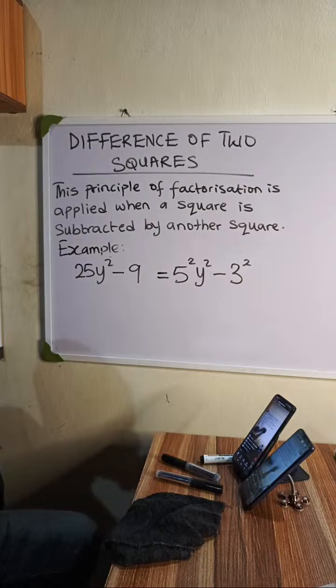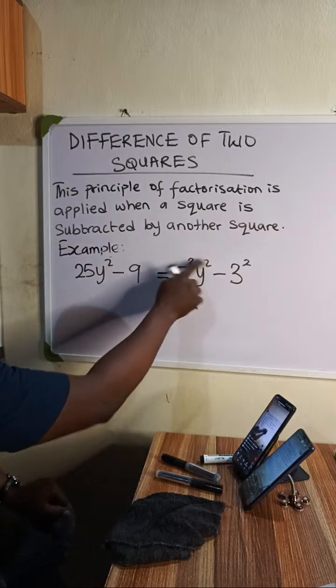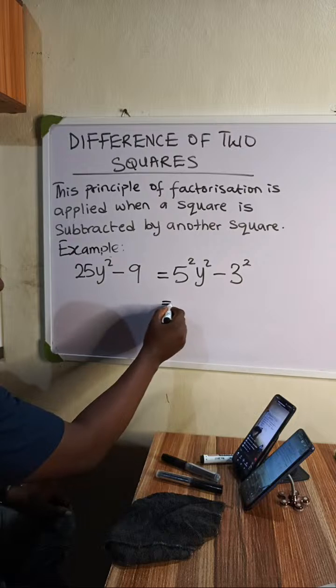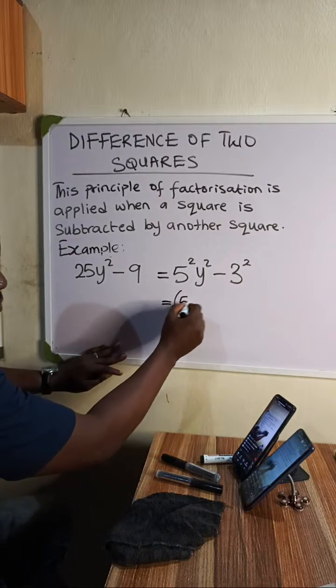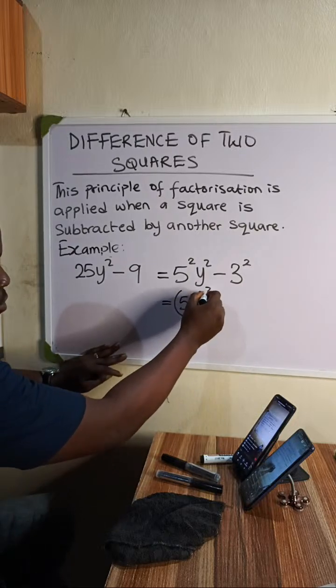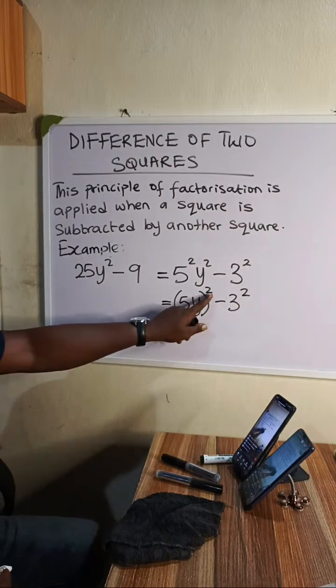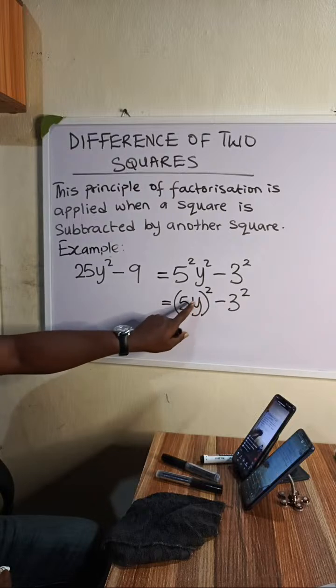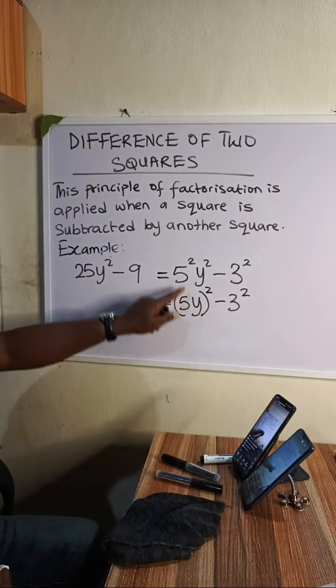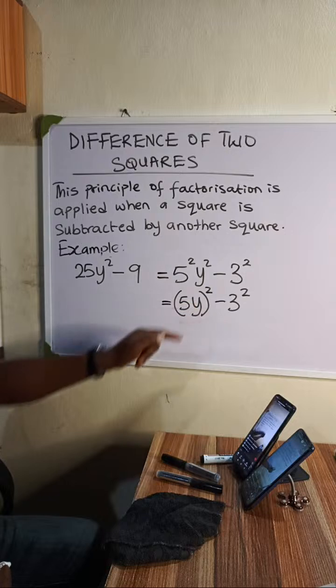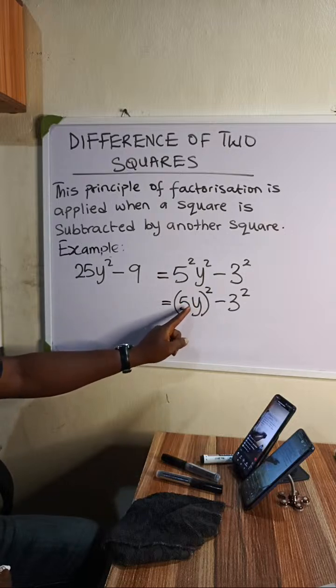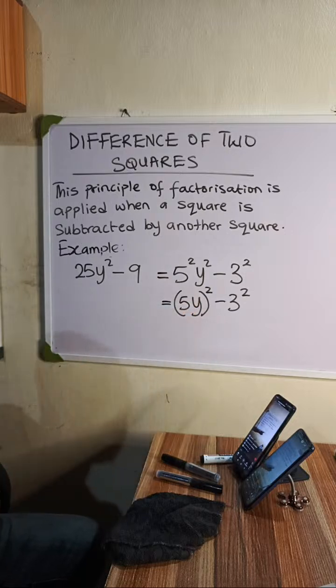And from the laws of indices, when two values have square, this is the same thing as 5y all squared. So this square outside belongs to 5, it also belongs to y. So when you have 5 squared y squared, you can simply write it as 5y squared.